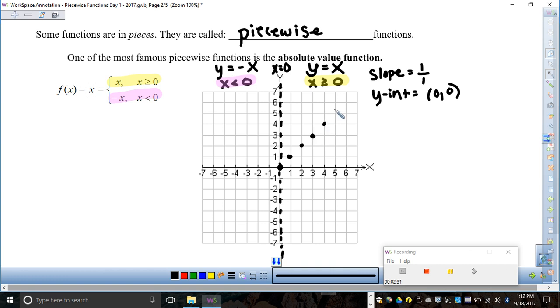We'll keep doing that to get a few more points on our line. Now, if we were just graphing y equals x, the entire line would look something like this. But we're only going to graph the piece for x values that are greater than or equal to 0, so we're just going to be graphing the piece on the right-hand side. So I'm just going to connect that side.